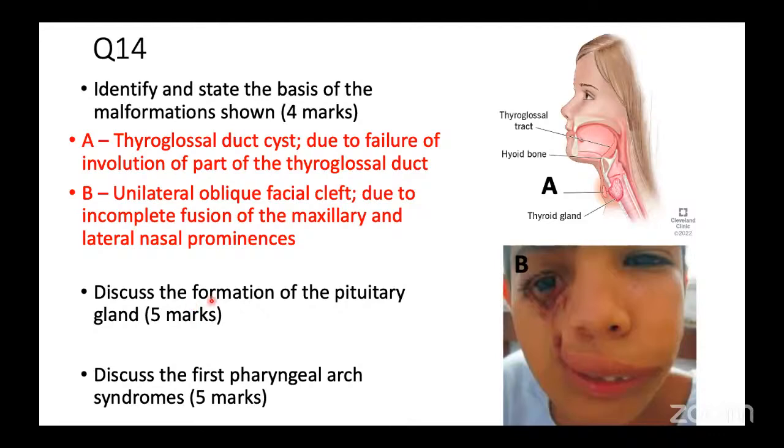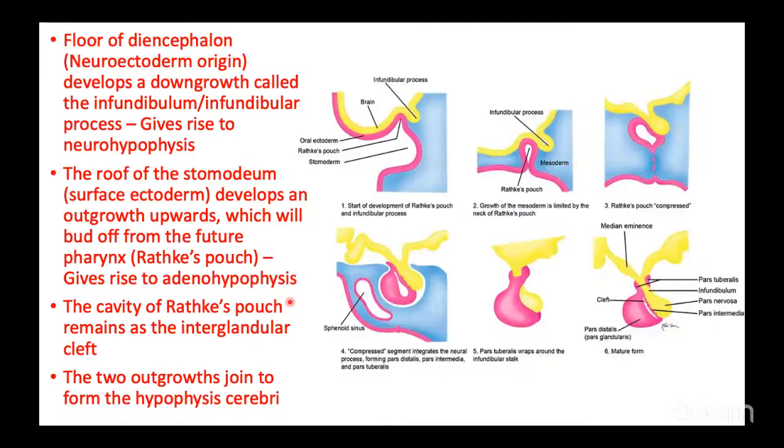Part B, discuss the formation of the pituitary gland and part C, the first pharyngeal arch syndromes. Let's look at the first part here. So this is the development of the pituitary gland. There's a lot of words here, but it's pretty simple. You have a downgrowth from the brain called the infundibulum, and you have an upgrowth from the stomodeum called Rathke's pouch. They'll come together and join each other.